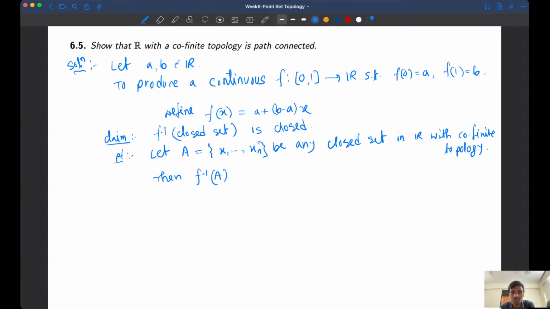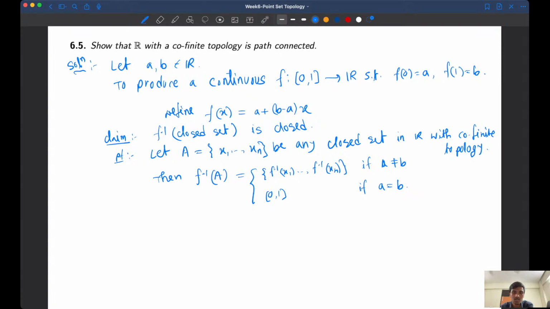is at most a finite set, so it is F inverse of x1, ..., F inverse of xn, or the whole of [0,1], if A is not equal to B, and [0,1] if A equals B. A equal to B is not an interesting case anyway, but still this is the case.